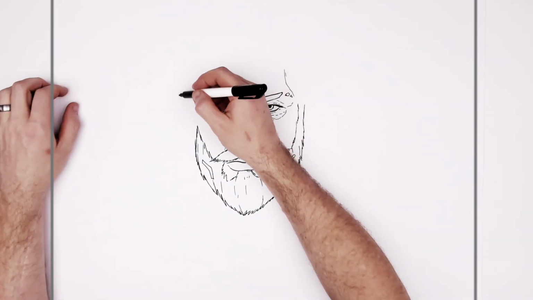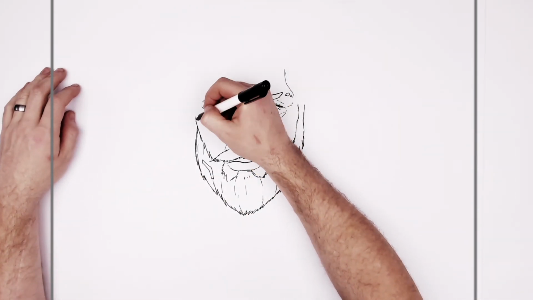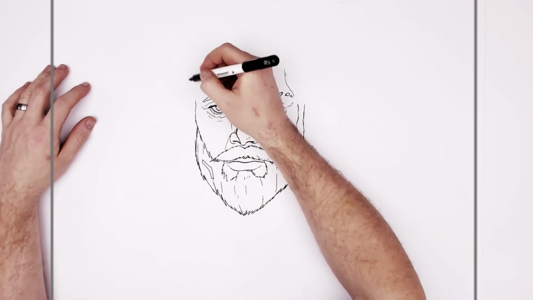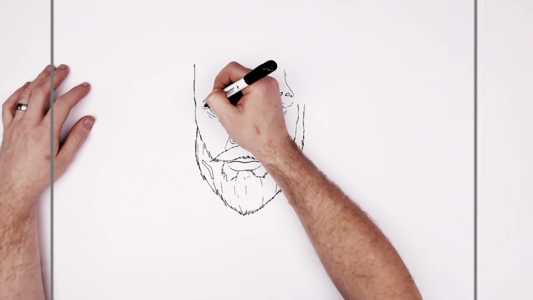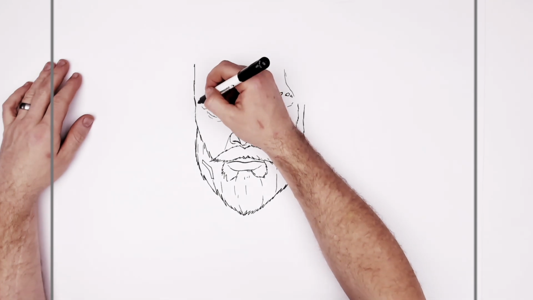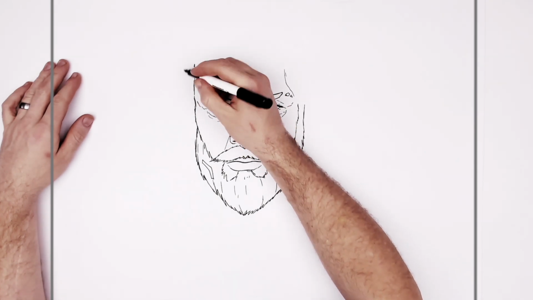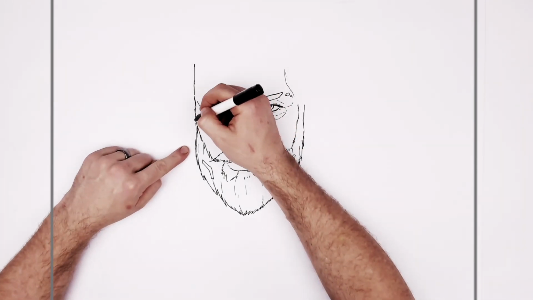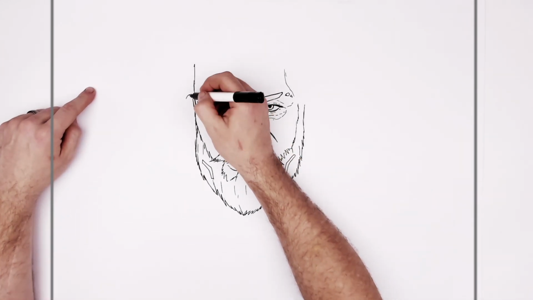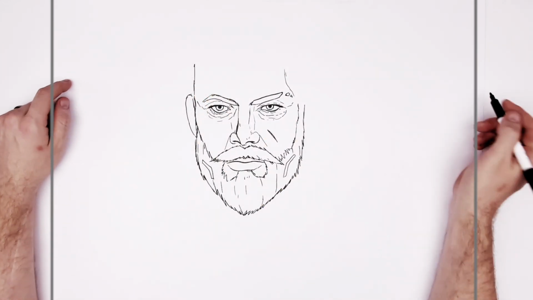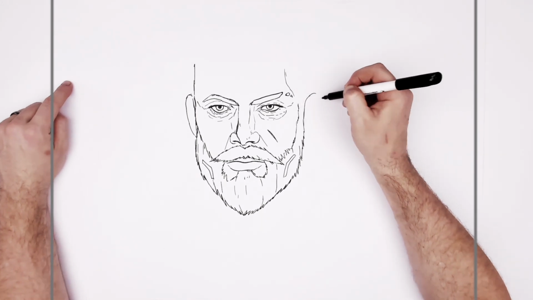So we can just kind of see his cheekbone and his brow a bit, and the side of the head goes up that way. And then this is hair here, and his ear comes out this side, and his ear will come out this side.